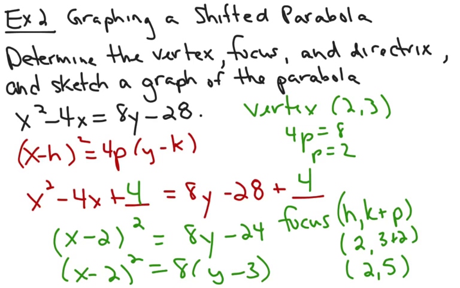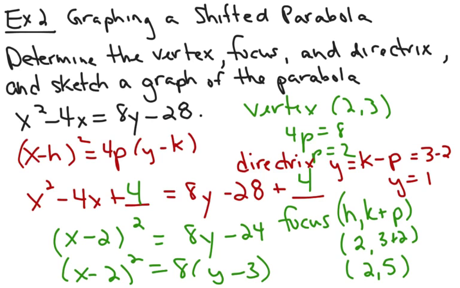The directrix is going to be at y = k - p, so it's at y = 3 - 2, so it's at y = 1. And the graph, let's see, it's (2, 1), (2, 3), it's going to look like this. And it's really all you need to know about the parabola.